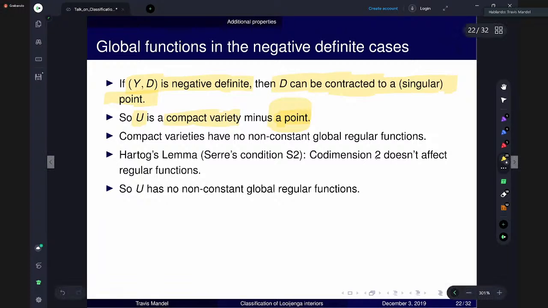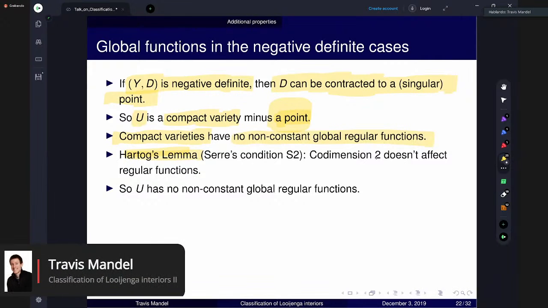And compact varieties, their only global regular functions are the constant ones. There are no non-constant global regular functions on a compact variety. So by Hartogs, like I mentioned, codimension 2 stuff isn't messing anything up. So, right, we get to this conclusion: the only global regular functions on U are the constant ones.